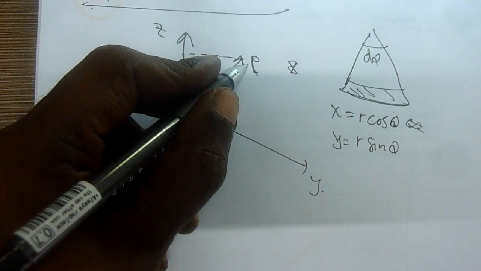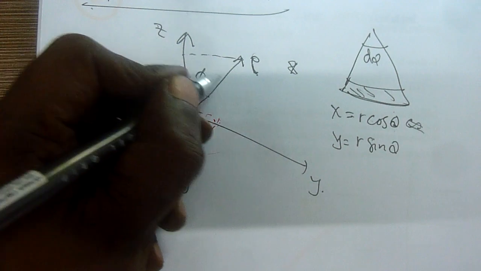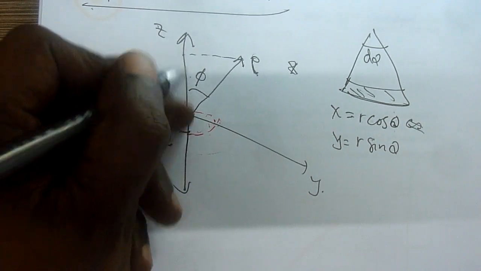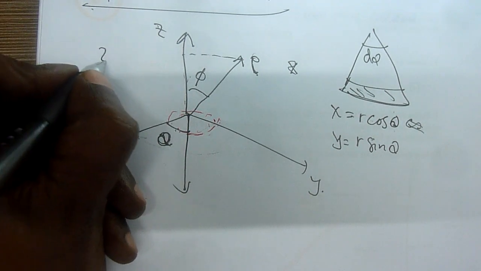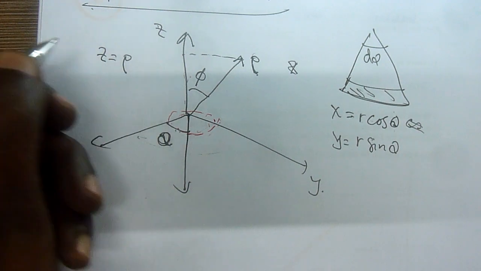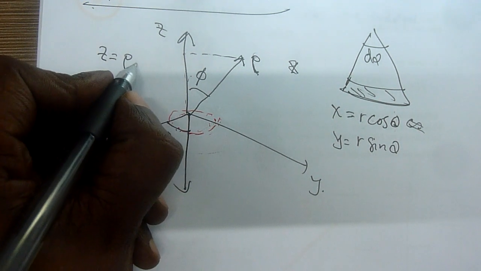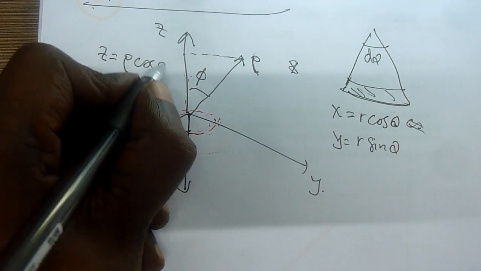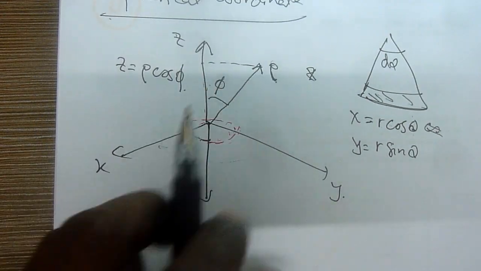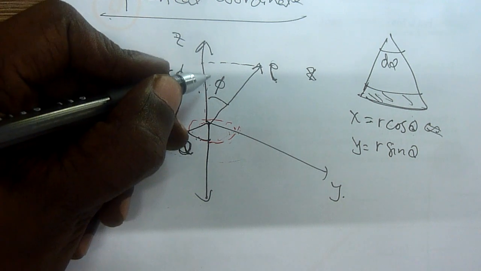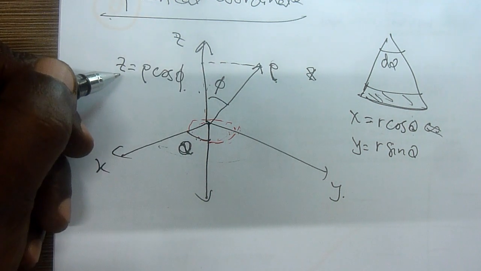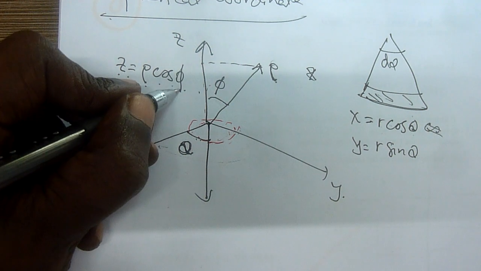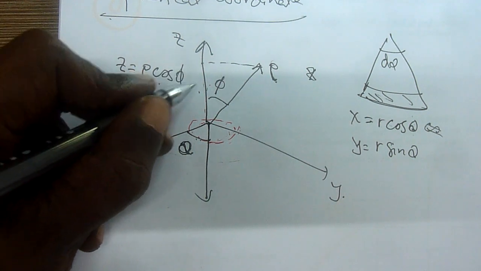Easy. When I see this part here, this can be referred to as Z, which is rho cos phi. Do you agree with me? If I refer to this part, I can say Z equals rho cos phi, right? This is no doubt.